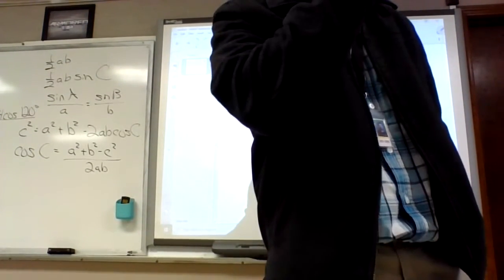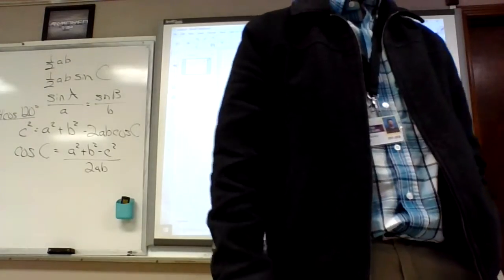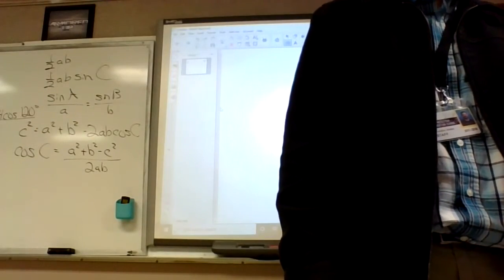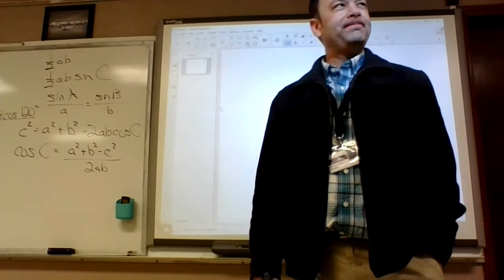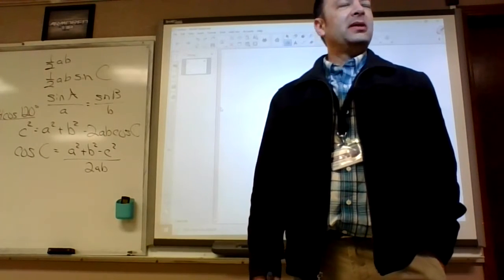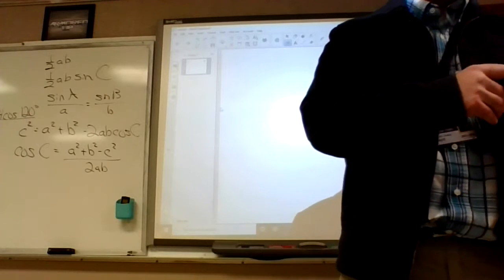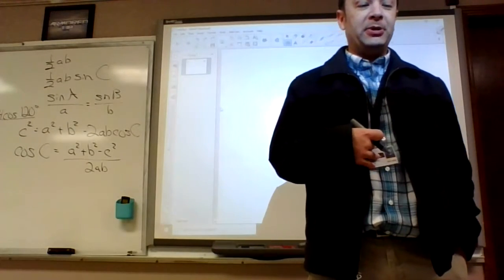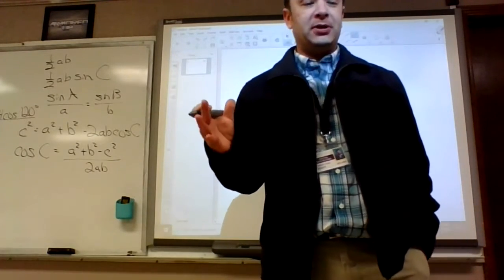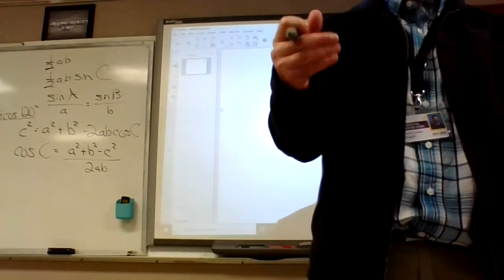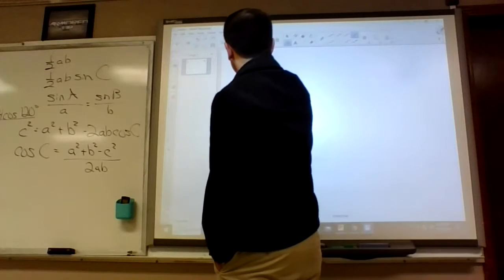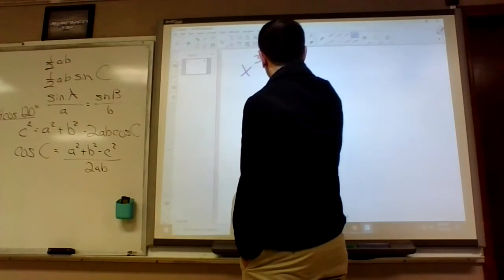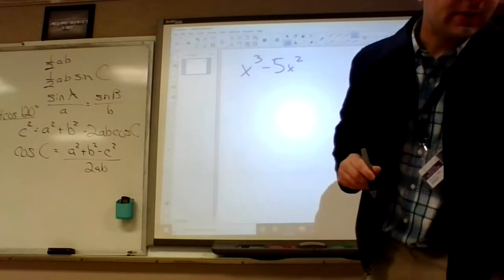Okay, so on number 17, we're supposed to factor using the tricks that we learned yesterday. If something is a root or a 0, that means if you set that function equal to 0, that's the solution for x, right? So x cubed minus 5x squared plus 2x plus 8.